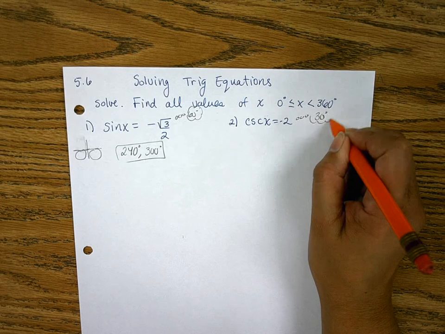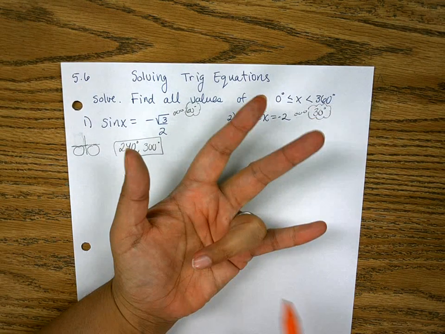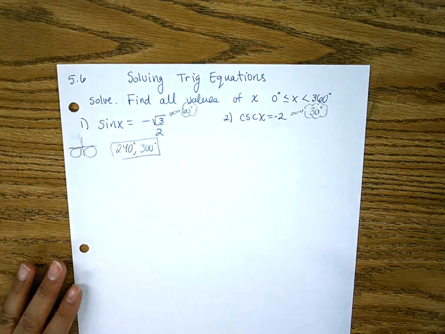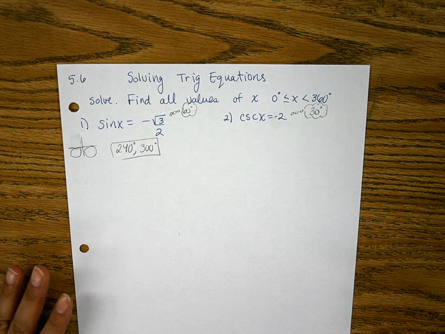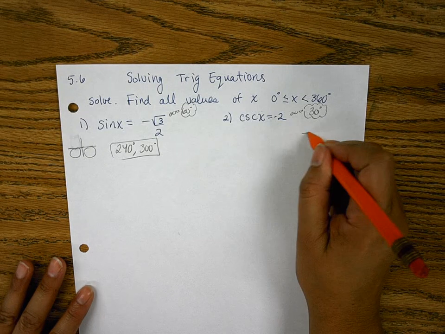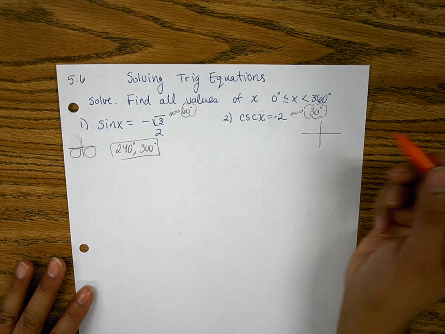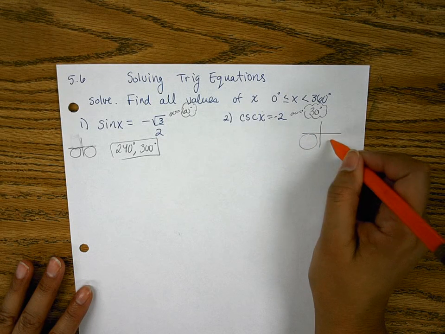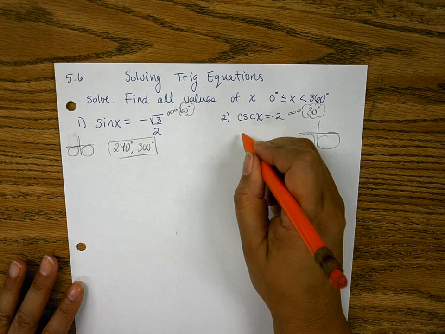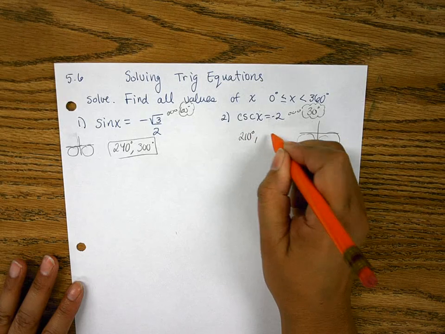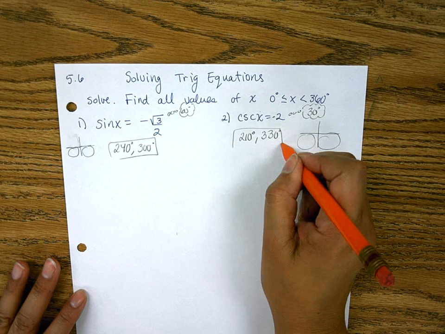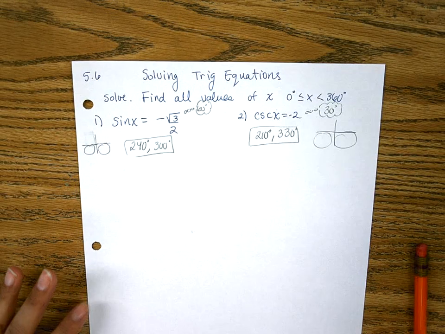That is 30 degrees. Again, unit circle or a hand trick: 30 degrees, sine is 1/2. Is 30 degrees going to be one of the answers? No, it's not, because it's negative, which means we're not in quadrant 1. Cosecant's the reciprocal of sine, and sine is negative in these 2 quadrants here. So 30 degrees in these 2 quadrants will be 210 and 330.